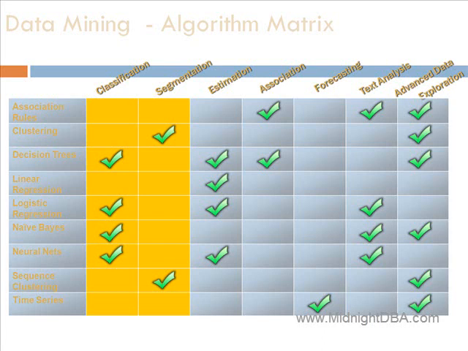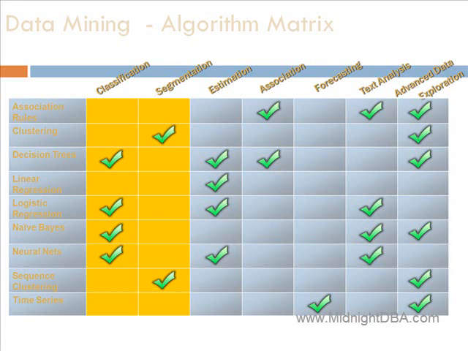Forecasting is specifically associated with time series. SQL 2008 added a whole new set of time series algorithms that we didn't have in SQL 2005. And text analysis is a very general approach of what text data mining can do, looking for relationships between words in different documents that are put into a data mining model. And so these are common areas where they're used.